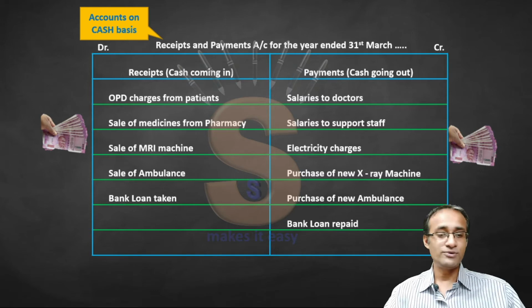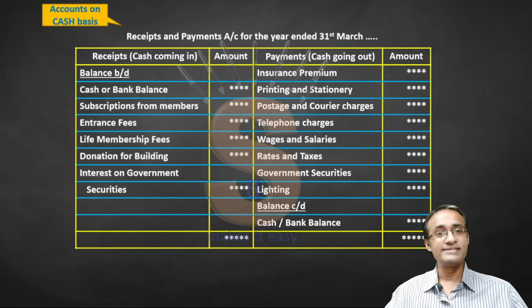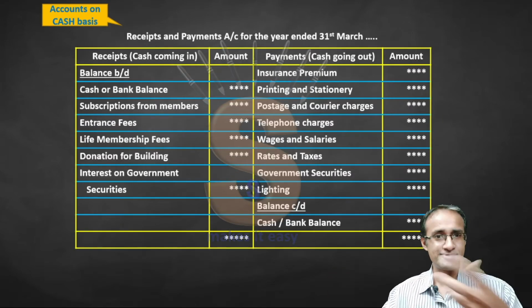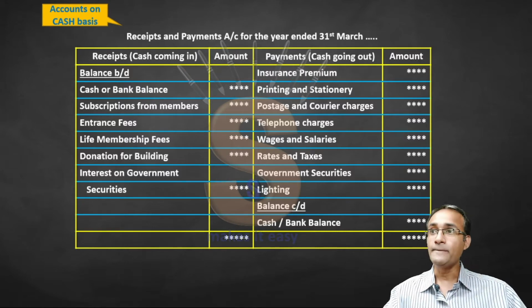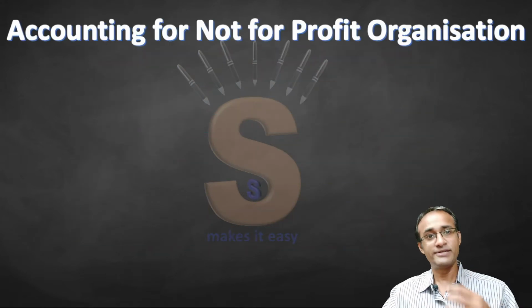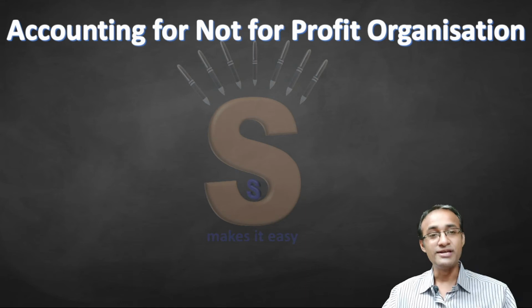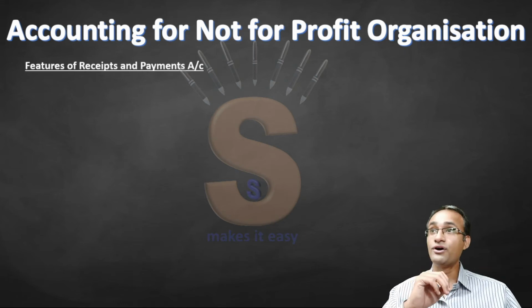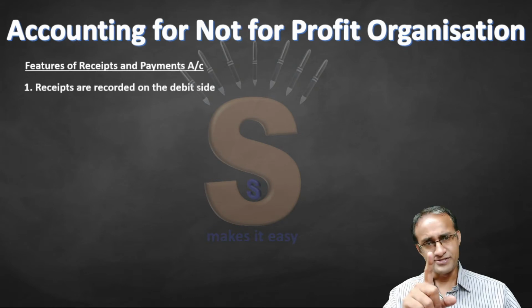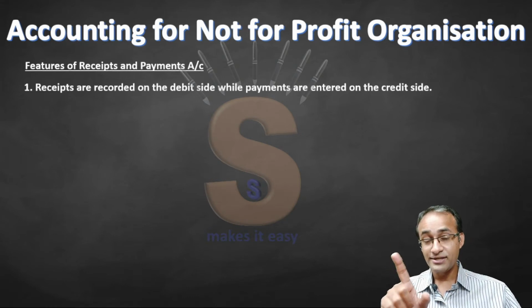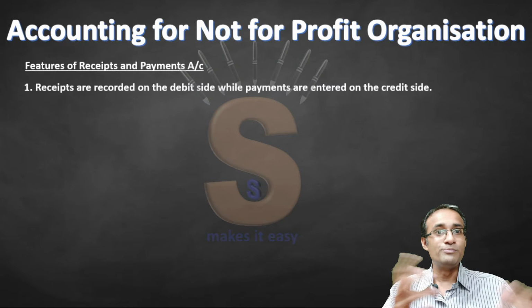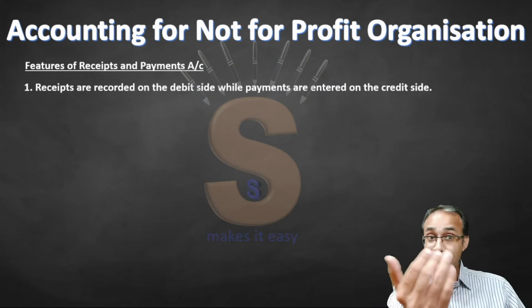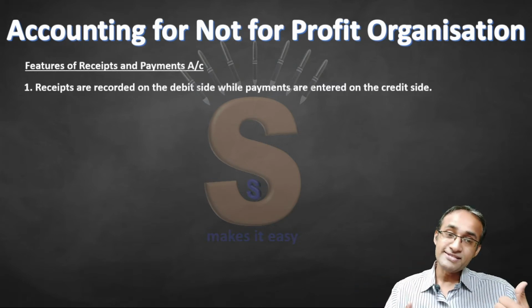I also gave you an example of receipts and payments given in it. Today, let me continue the teaching by giving you some features of it. First, on the debit side, we always see receipts, or this says receipts and payments, money coming, and payments.